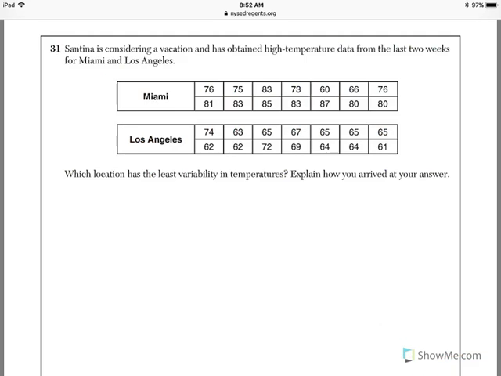Number 31 has Santina is considering a vacation and has obtained high temperature data from the last 2 weeks between Miami and Los Angeles. Which location has the least variability in temperatures? Explain how you arrived at your answer.